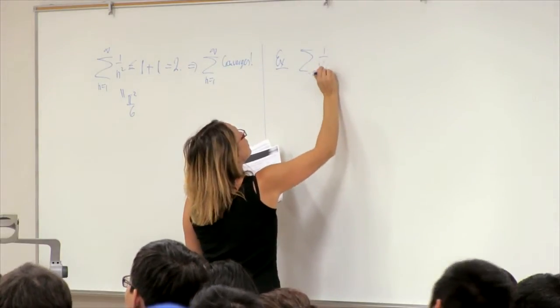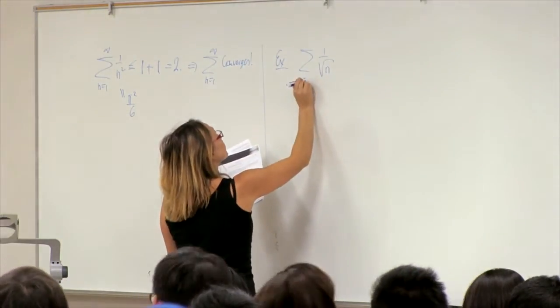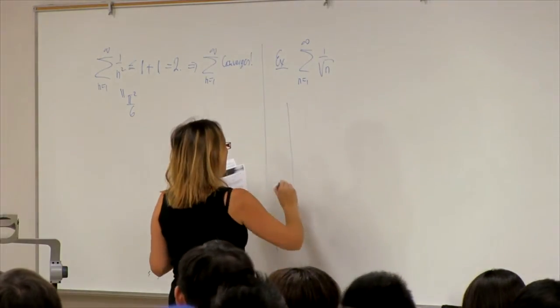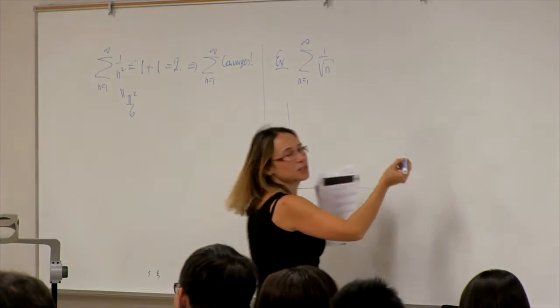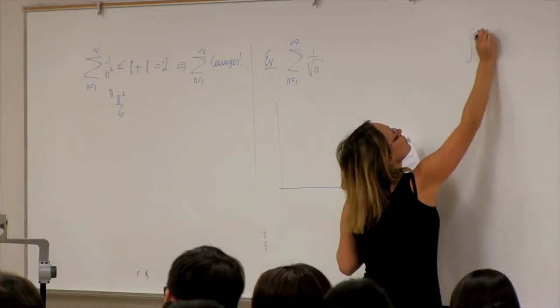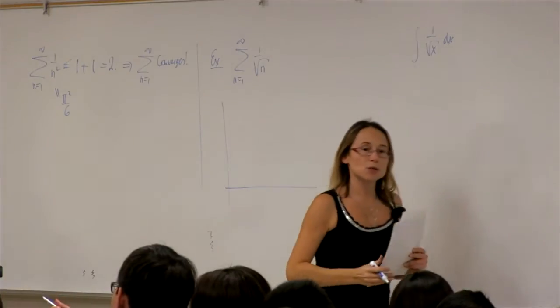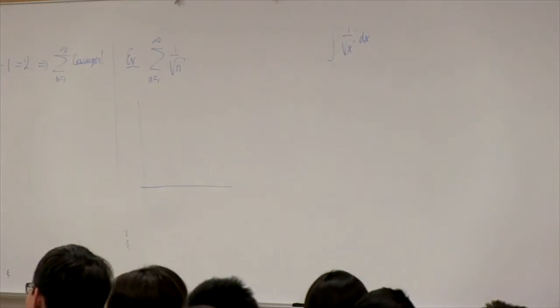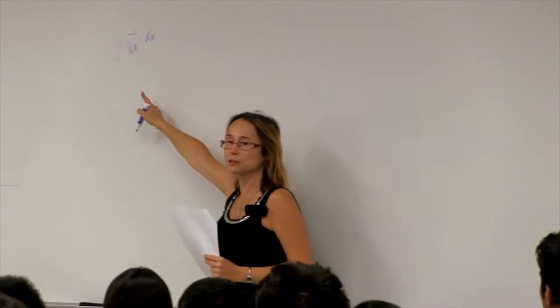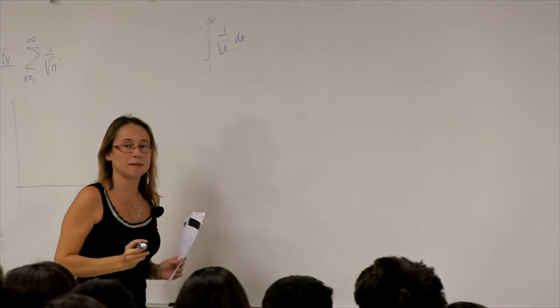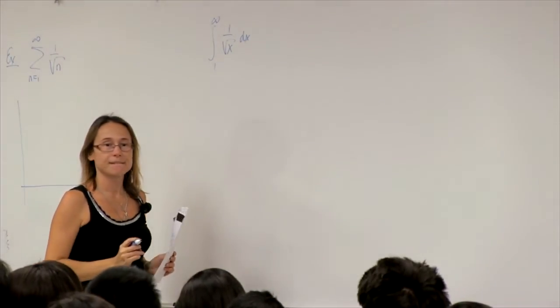Okay? So another example. Let's look at this type of series: 1 over square root of n. What is the corresponding integral that we're going to consider? 1 over square root of x dx. So if this integral were to tell us anything, we have to recall the behavior of this guy. Do you remember what this does? If I integrate it to infinity, this diverges.